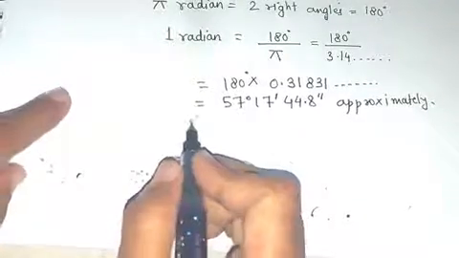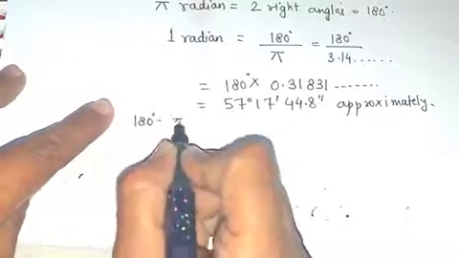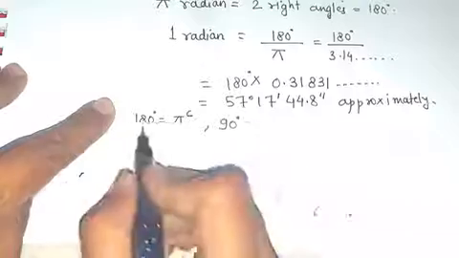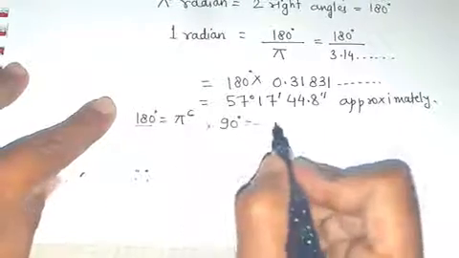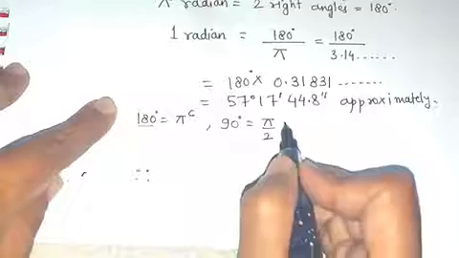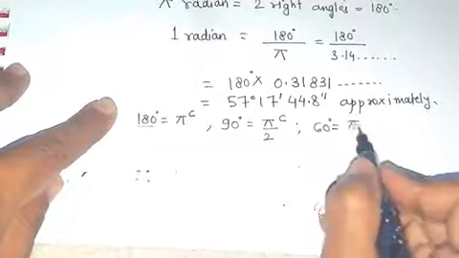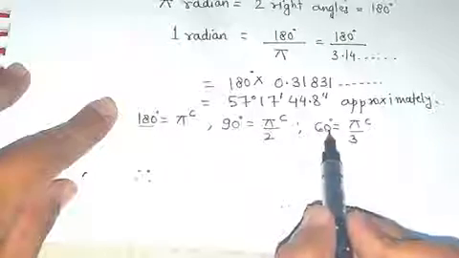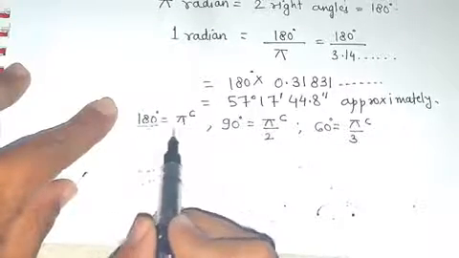Hence from the above formula we get that 180 degree equals pi radian. 90 degree equals, we can divide both sides by 2, so 90 degree equals pi by 2 radian. 60 degree equals pi by 3 radian, as for getting 60 degree we have to divide both sides by 3.